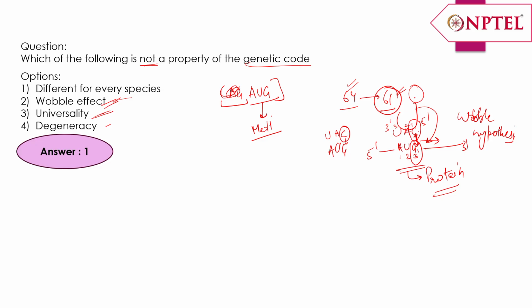Okay, then universality I have talked about. Then degeneracy is, there are multiple codons that code for the same amino acid. So that is the degeneracy of the genetic code. So here the correct answer would be different for every species.